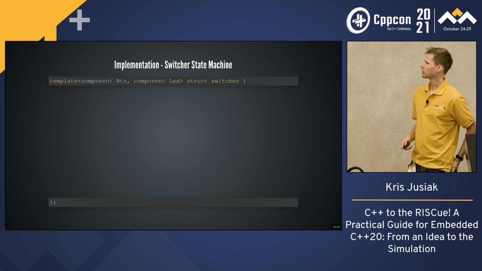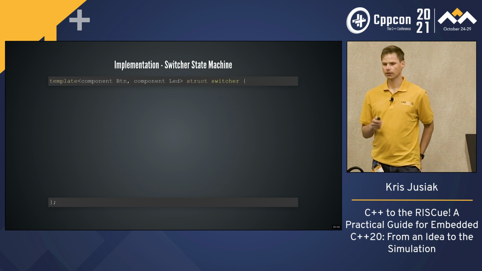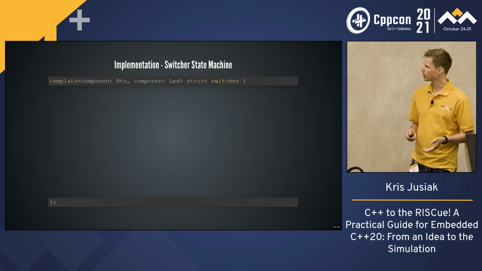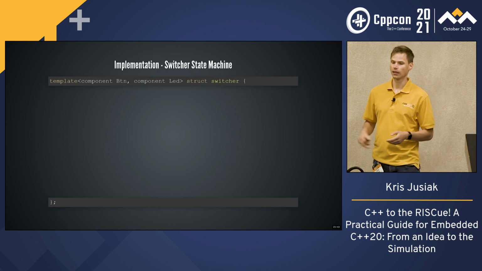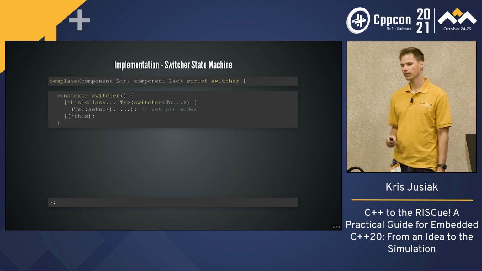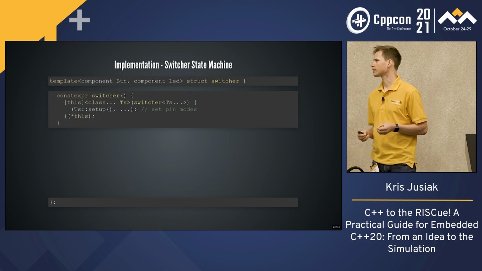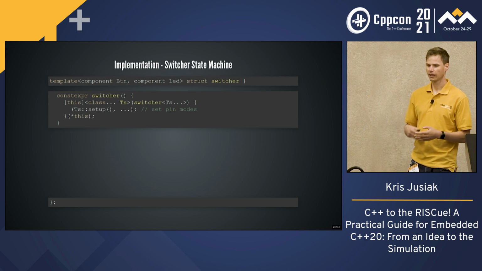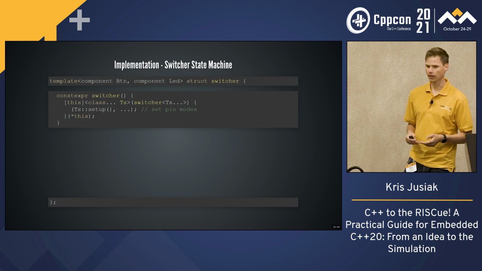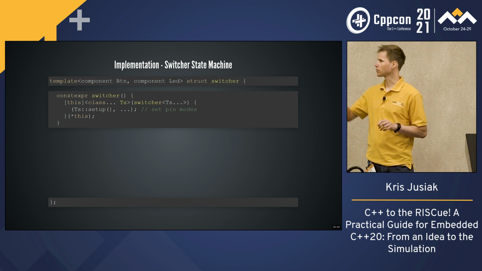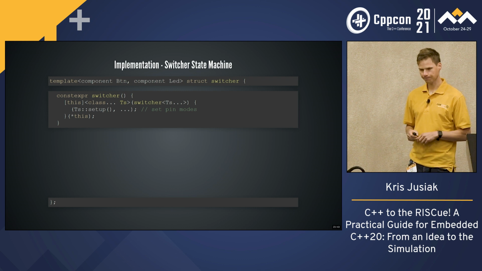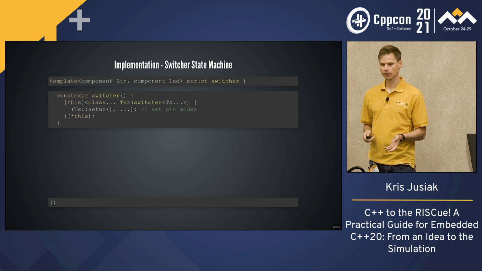So we have a switcher, which is the state machine implementation, which injects the components, the button and the LED in that simple example, but you can imagine that we will inject tons of parameter pack arguments into it. And then we try to do the setup, and we'll do this nifty trick because we can use C++20, where we immediately invoke a function expression, in this case the lambda, with the familiar C++20 syntax where you have the class TSS immediately after the capture, and we can call setup on each of the components.